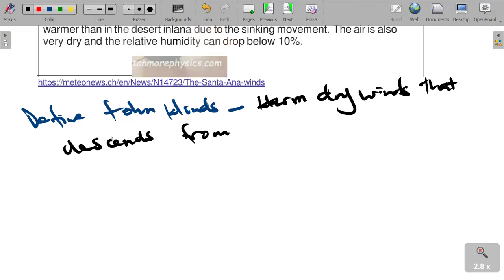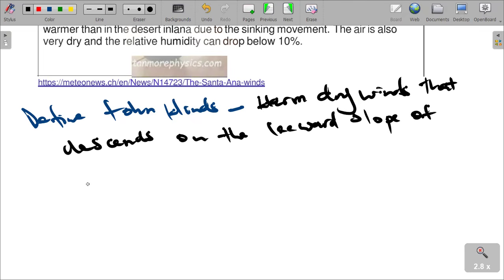They descend, as to say they fall, on the leeward slope of a mountain. That is foehn winds.